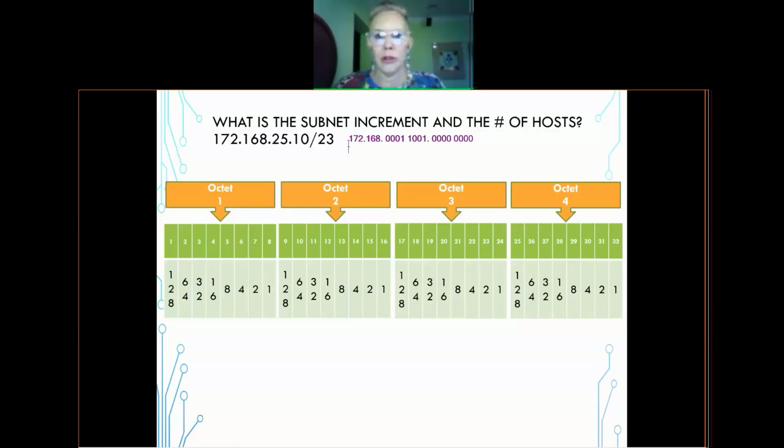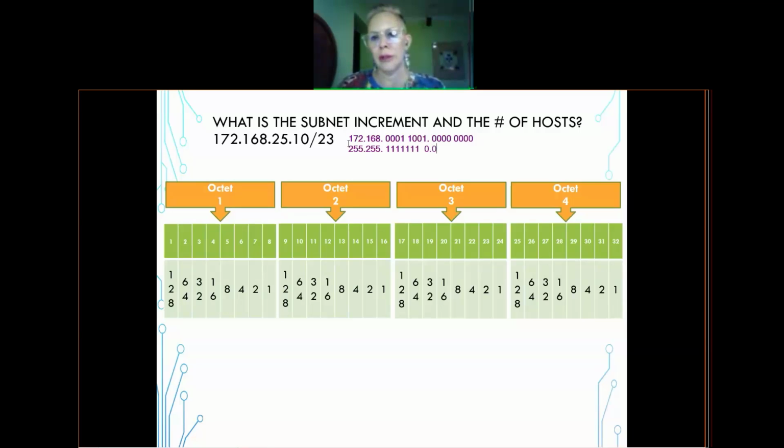So then I've got 255, 255. And then, okay, so there we have 16 subnet bits. 17, 18, 19, 20, 21, 22, 23, right? 23. And then this is a 0.